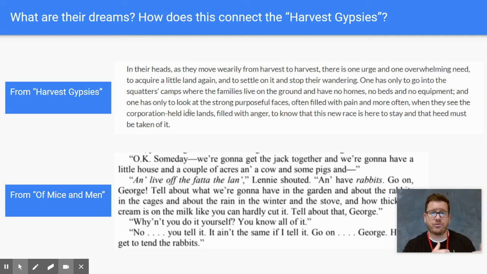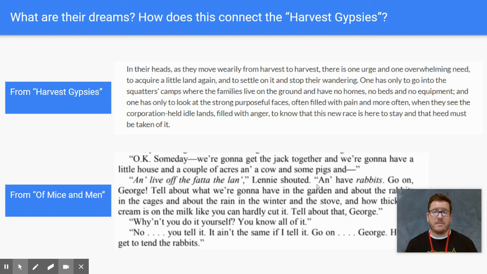So compare the dreams here. What does he say is the dream of the migrant workers in "Harvest Gypsies"? "There is one urge and one overwhelming need: to acquire a little land again and to settle on it and stop their wandering." And then you have here, "Someday we're going to get the jack together and we're going to have a little house and a couple of acres and a cow and some pigs and live off the fat of the land," Lenny shouted, "and have rabbits."